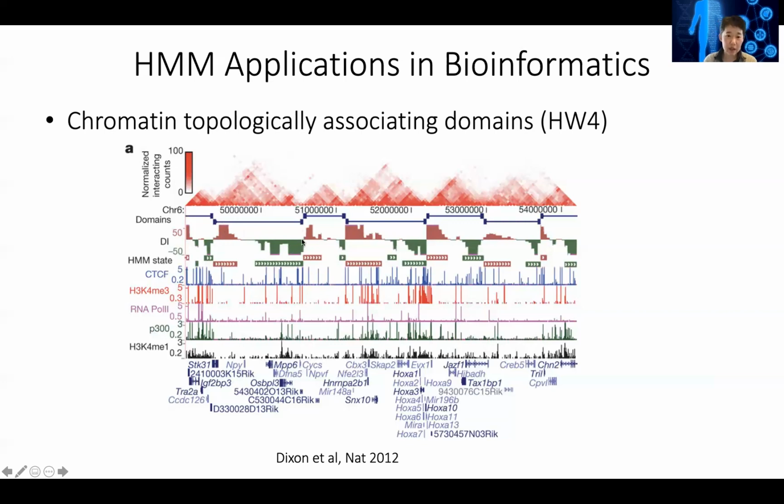We can call these types of boundaries very clearly as a chromatin domain, and you can use this to identify topologically associating domains. In the next lecture, you will learn more about higher order chromatin interaction, and you will also use homework 4 to see how this is really predicted.